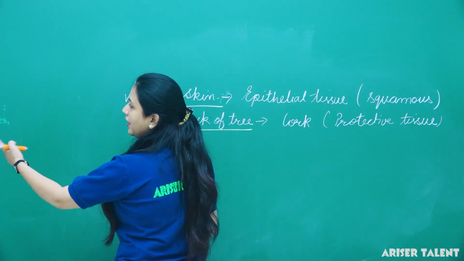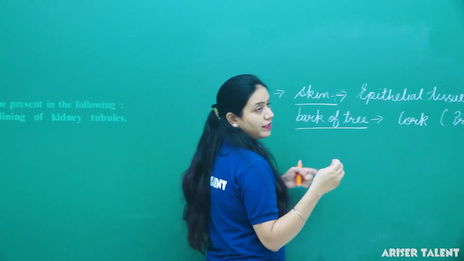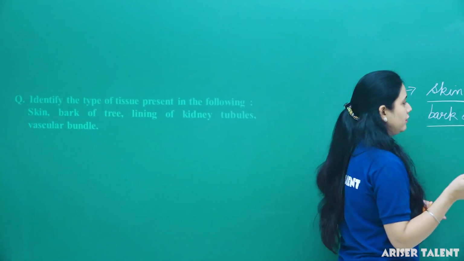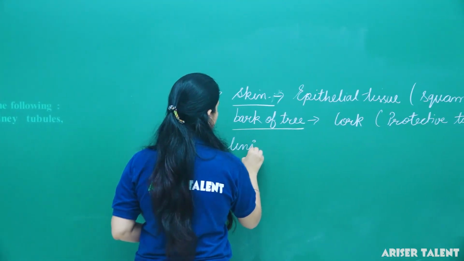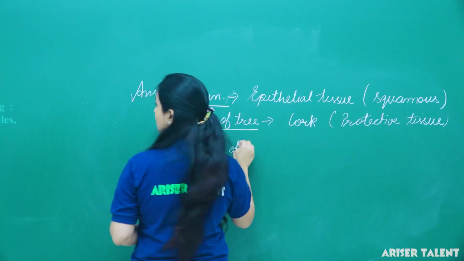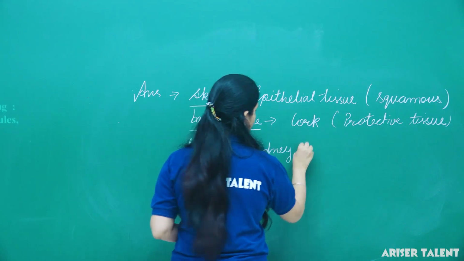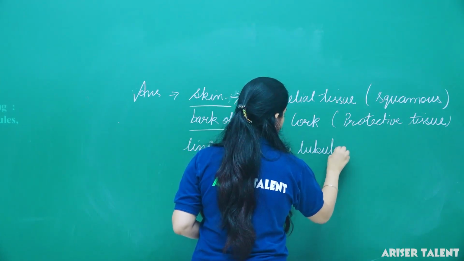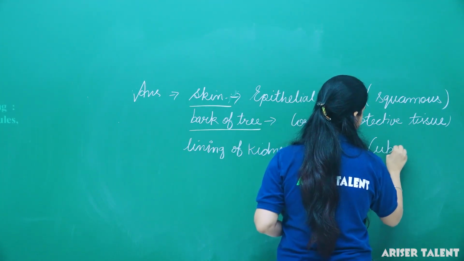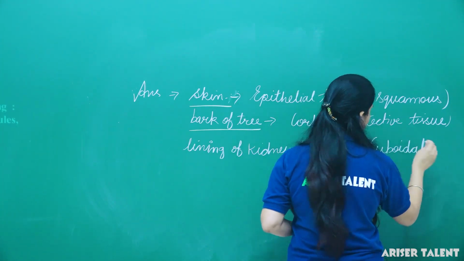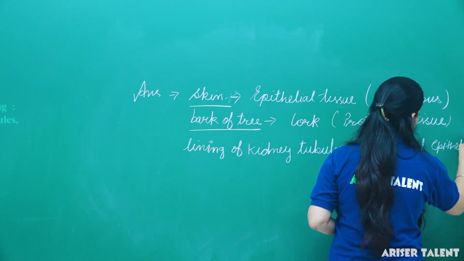Next is the lining of kidney tubules. The lining of kidney tubules again has epithelial tissue, but which one? Cuboidal. So the lining of kidney tubules has cuboidal epithelial tissue.